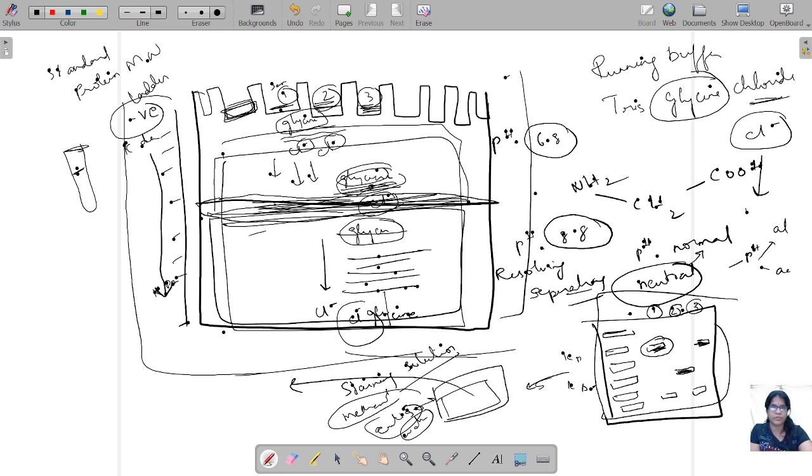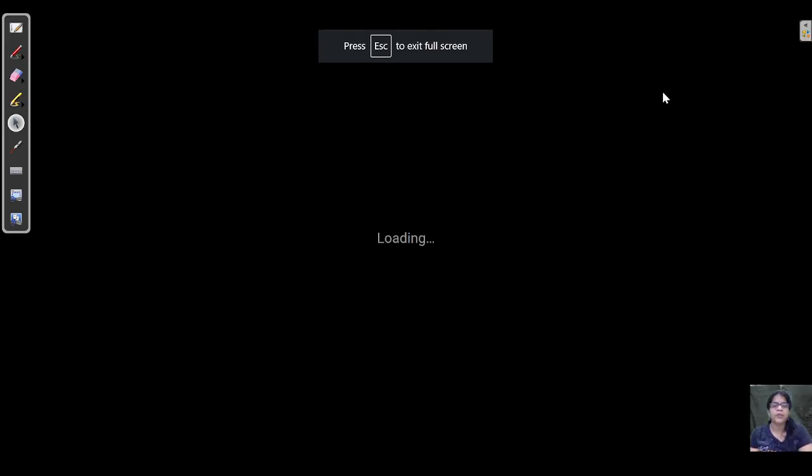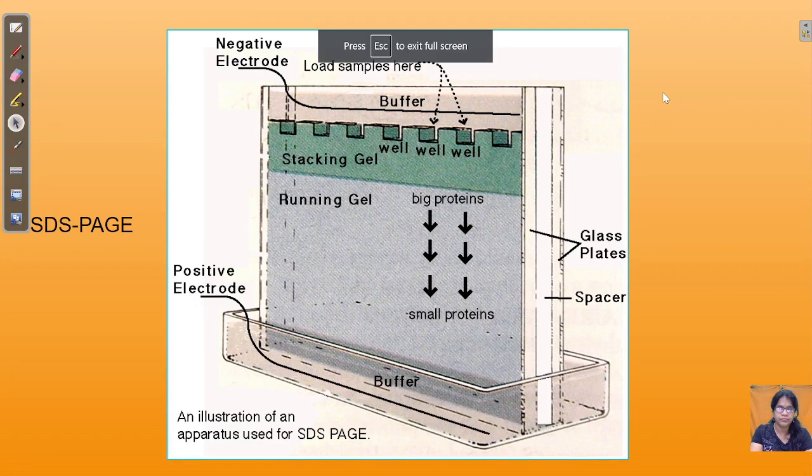This destaining solution contains only methanol, acetic acid and water. It doesn't have any Coomassie brilliant blue in it. This destaining would help remove the color which is not attached to the protein bands, so it will get washed out of the gel.